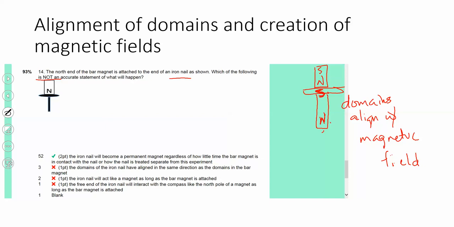The domains may stay aligned a little bit, but remember we said there are 2 ways to damage a magnetic field. One is heating. Recall the Curie temperature was the temperature at which the domains will start to randomize again. Or we can drop it, bang it, hammer it. And so this is wrong, the one that says that it'll become a permanent magnet regardless of how little time and what we do to it. That's not a true statement.